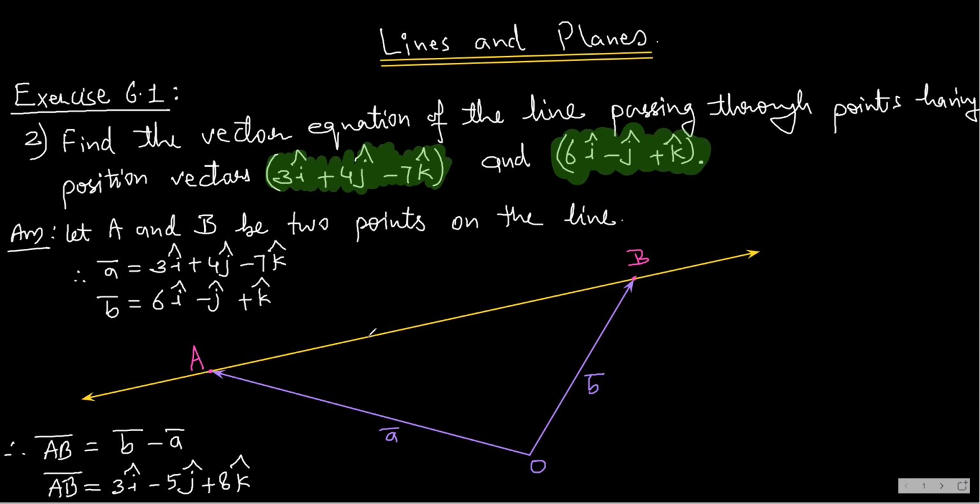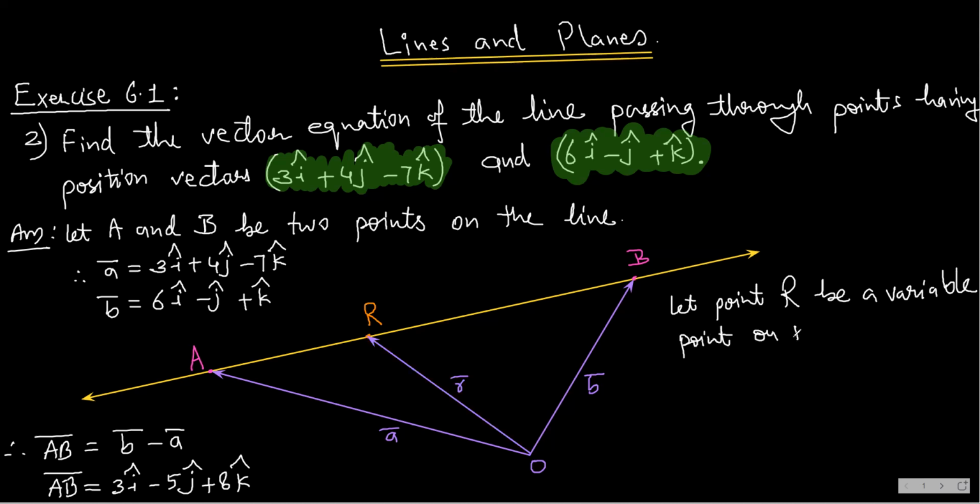So I write, let point R be a variable point on the line, and R bar will be the position vector of that point.